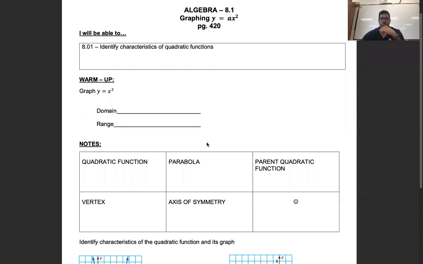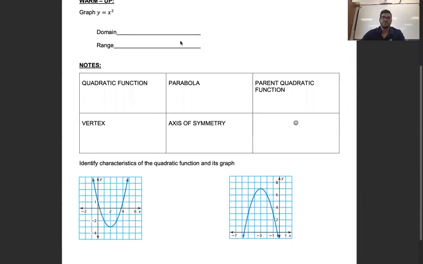Okay, so now going into what is a quadratic function. A quadratic function is a non-linear function that can be written in standard form.